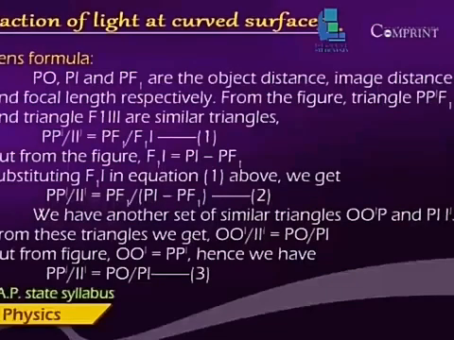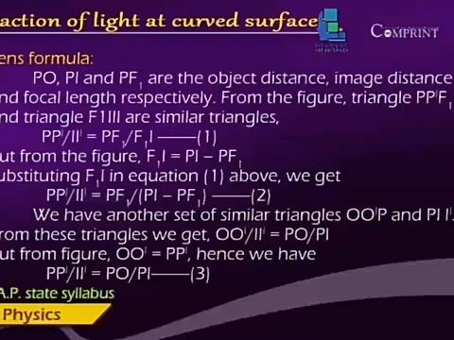But from the figure, F1I is equal to PI minus PF1. Substituting F1I in equation 1 above, we get PP1 by II1 is equal to PF1 by PI minus PF1, equation 2.